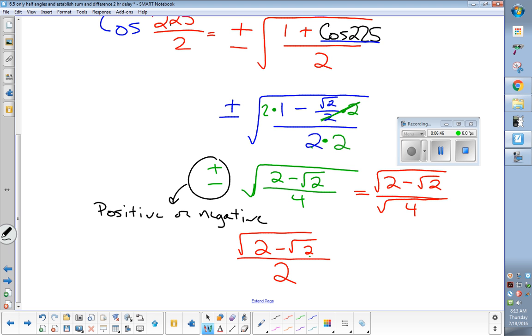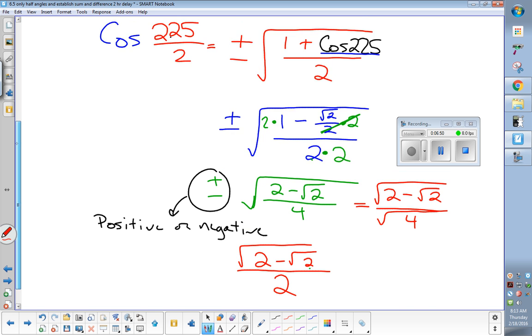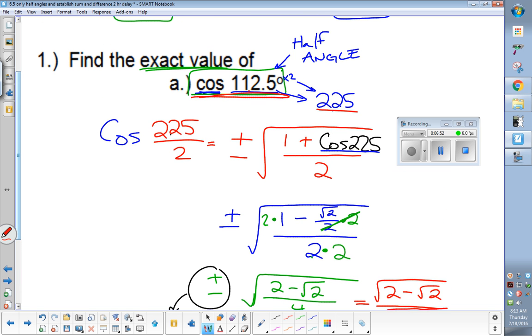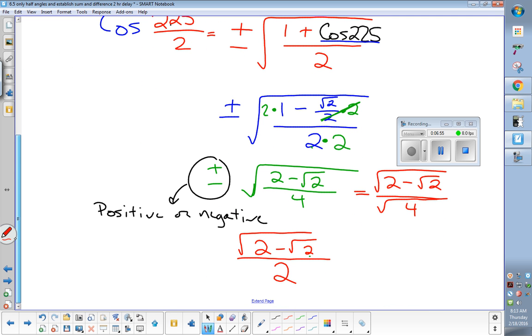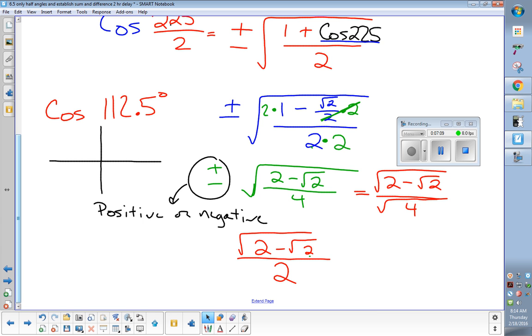And the way we make that decision is what we just did a second ago. Okay? The angle that we started with here in the beginning was cosine of 112.5. So all I need to do is think, where would 112.5 be? Which quadrant would cosine of 112.5 be? So look at your unit circle. Think about, where's 112.5 going to be?